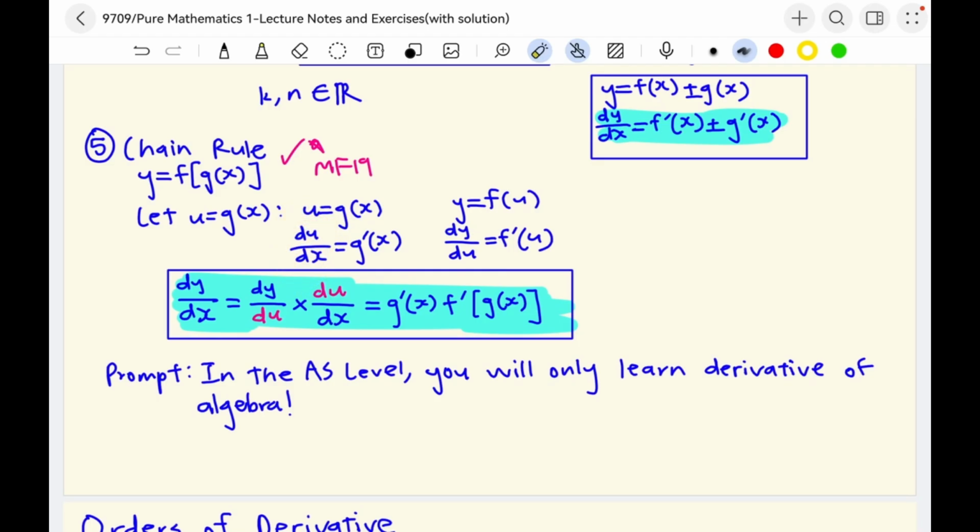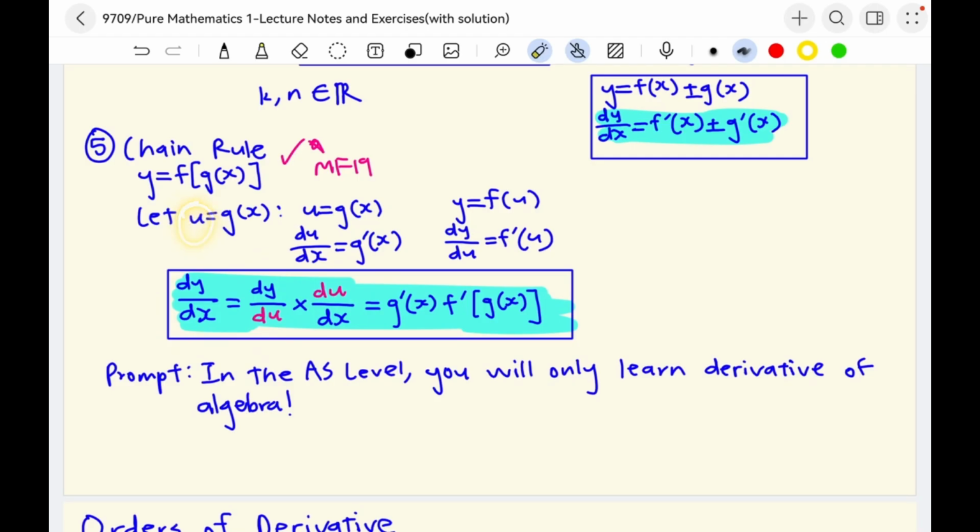Meanwhile, after you have substituted g(x) as u, differentiate with respect to u, which comes out as dy/du equal to f prime of u. But I want dy/dx, not du/dx or dy/du. So we have to use the chain rule, which is dy/dx equal to dy/du times du/dx, because this aims to get rid of the u.